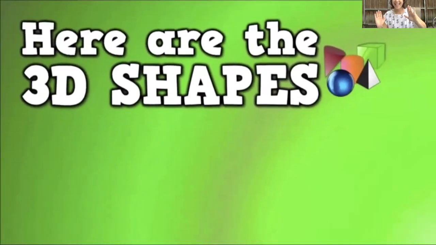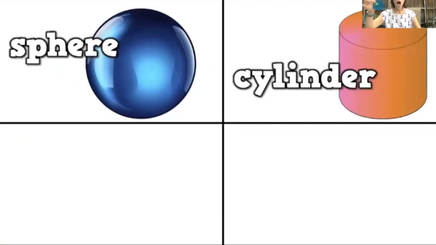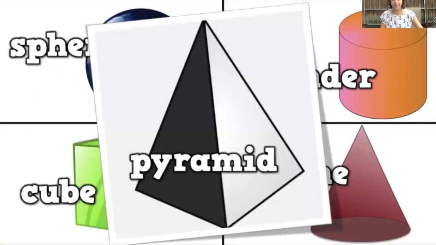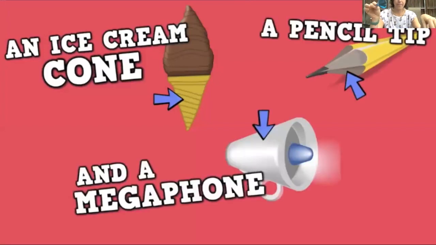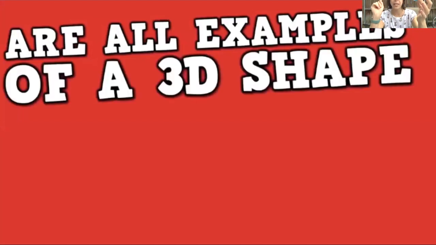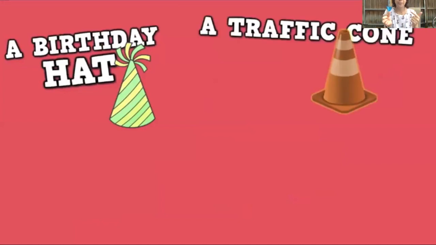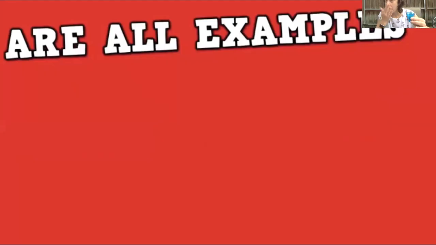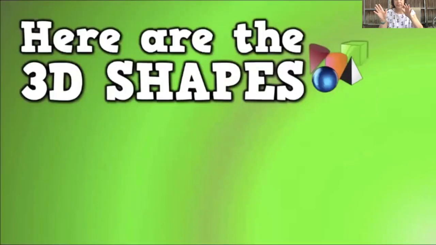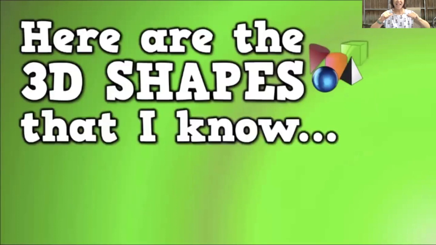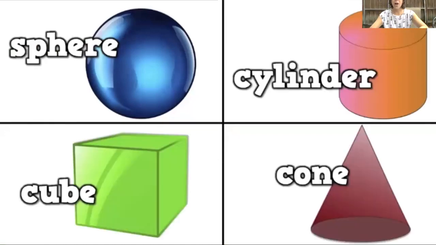Here are the 3D shapes that I know. A sphere, a cylinder, a cube, and a cone. Ice cream cone, a pencil tip, and a megaphone are all examples of a 3D shape that people call a cone. A birthday hat, a traffic cone, or a funnel in my home are all examples of a 3D shape that people call a cone.